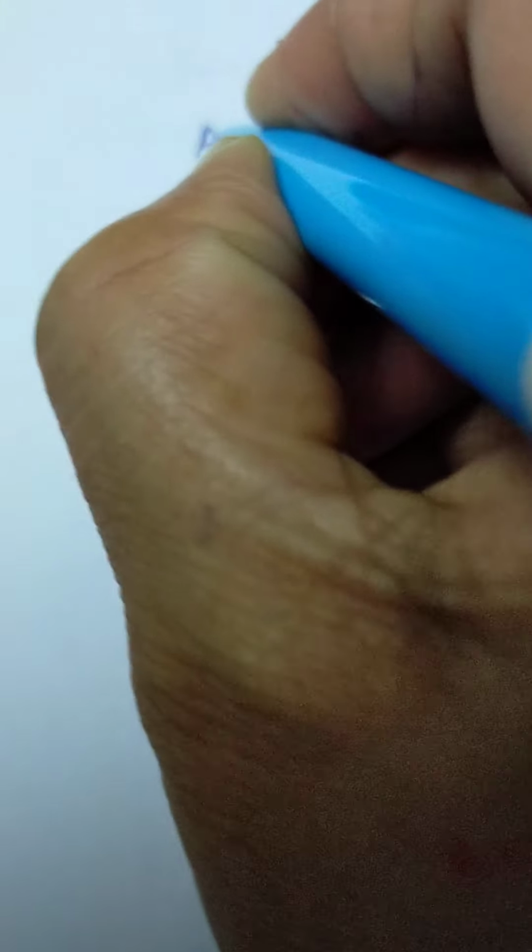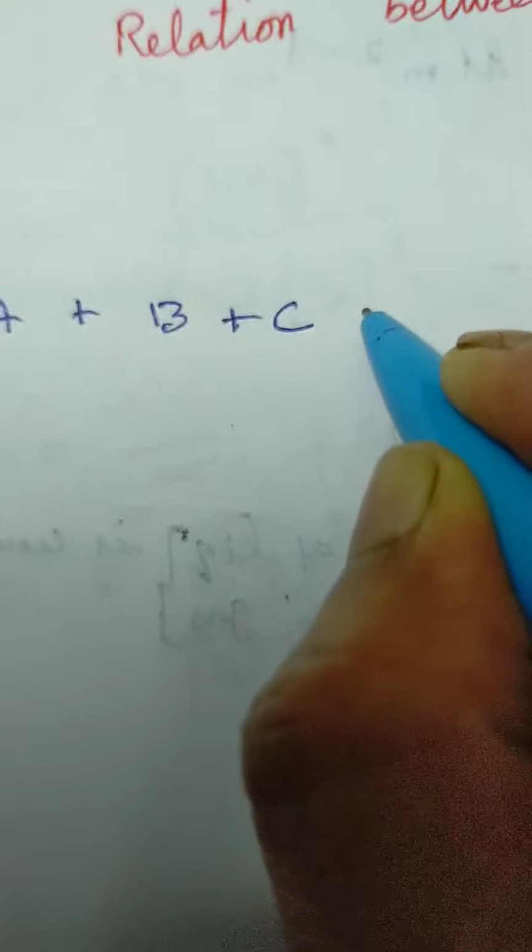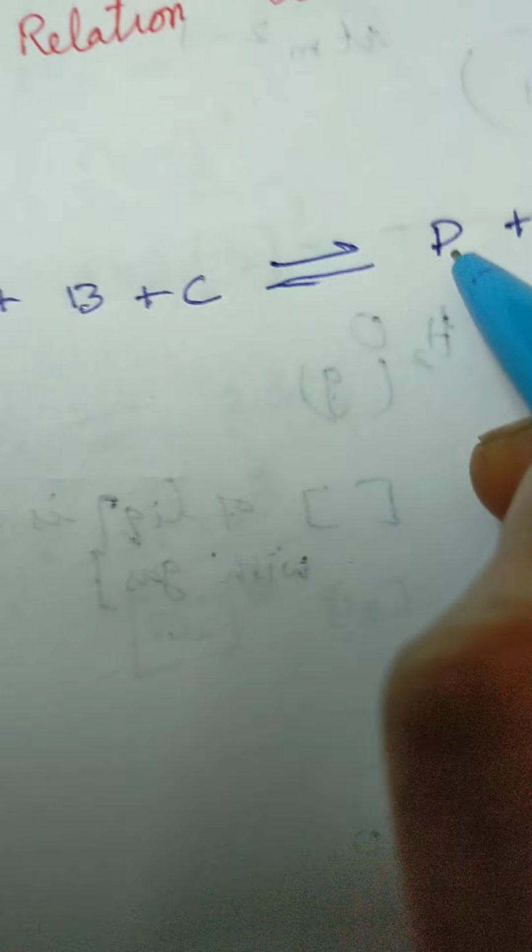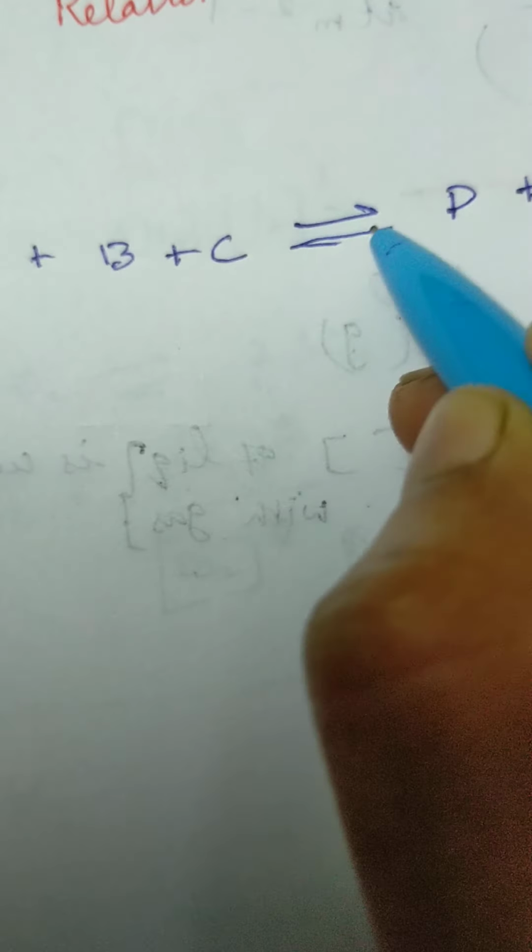There is a next relation, a relation between Kp and Kc. Let us consider one chemical equation, for example, 2A plus 3B plus 2C gives D plus E. Let us consider this as a chemical reaction.